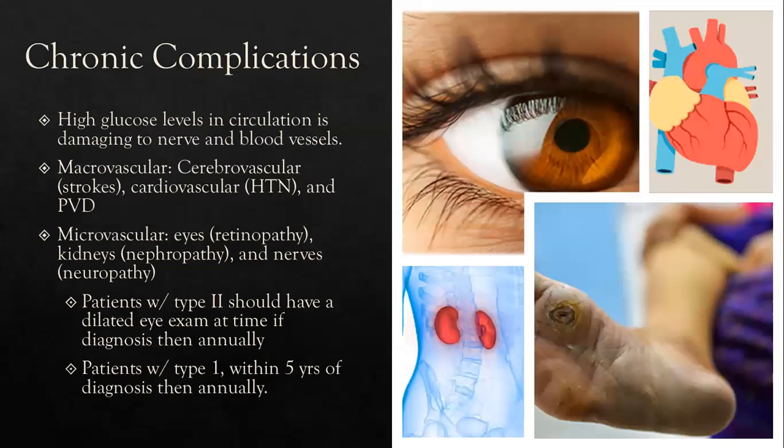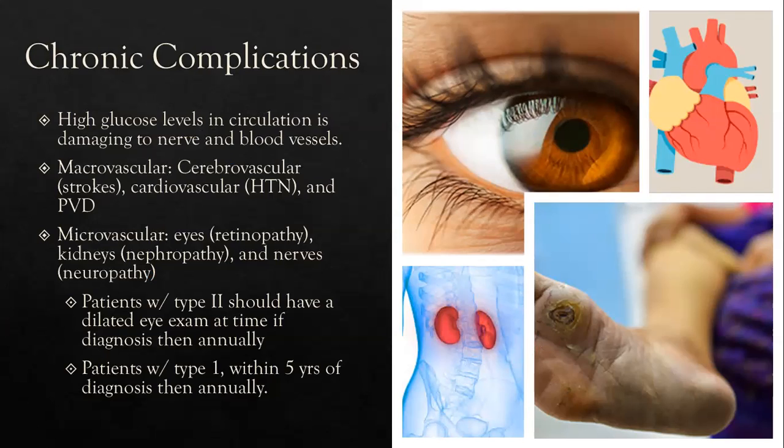So now we're getting into chronic complications. The reason why diabetes is super bad is because it doesn't just affect your blood vessels or your stomach from poking yourself with insulin so much. It's because this does cause death, limb loss, and blindness. High glucose levels in circulation are damaging to nerves and blood vessels.